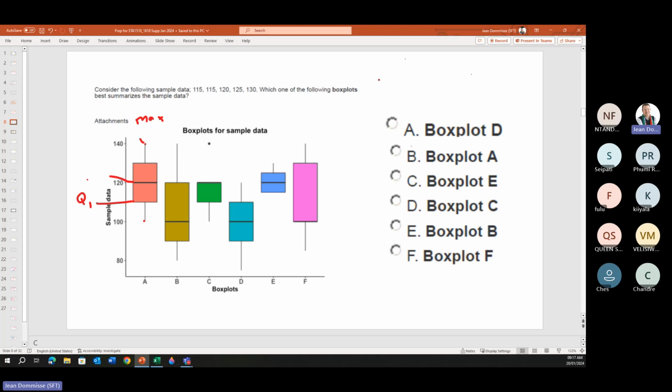The second line is Q2, which is also your median. And then your third line is Q3.